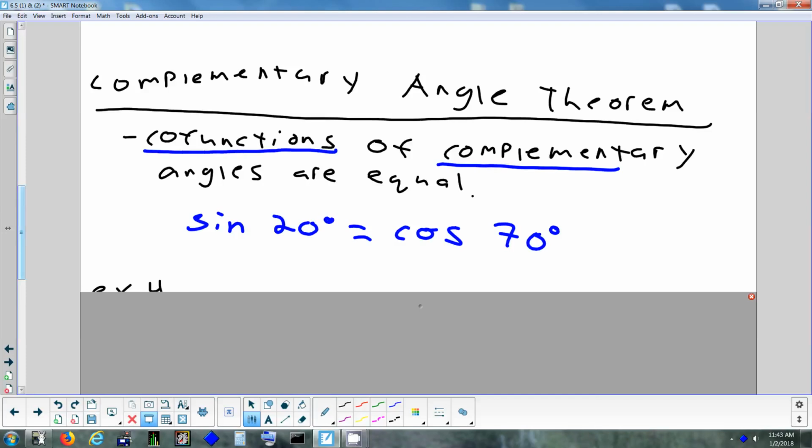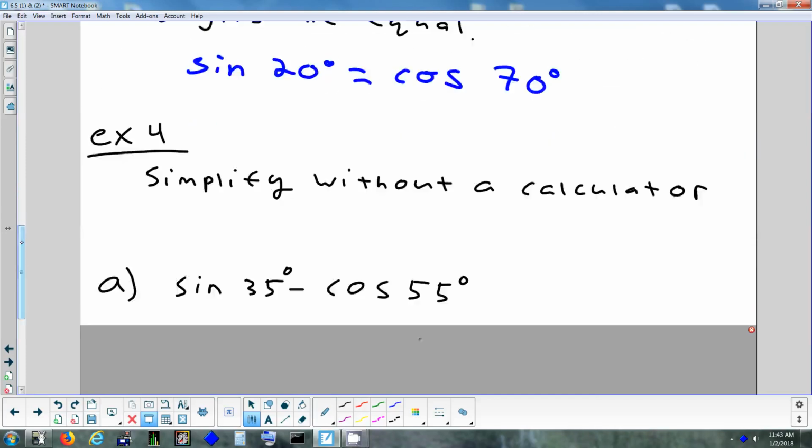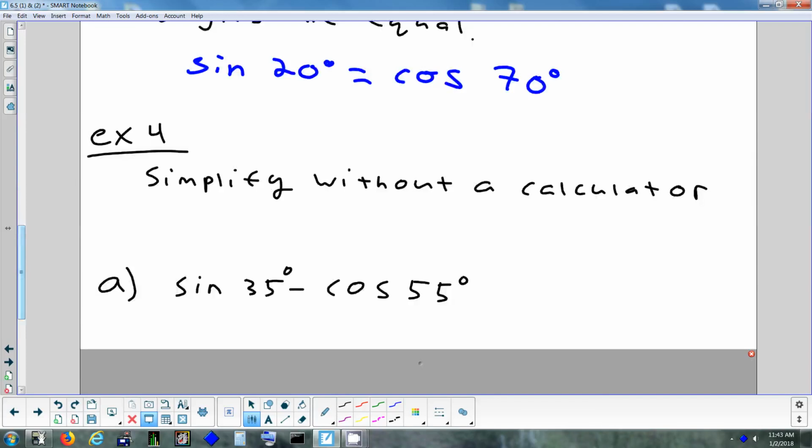Any question on that? So where would we use that? Right here. Okay, so on this kind of problem, I'd ask you to simplify and then probably explain how you got your answer. Okay, what are the two functions I have here?